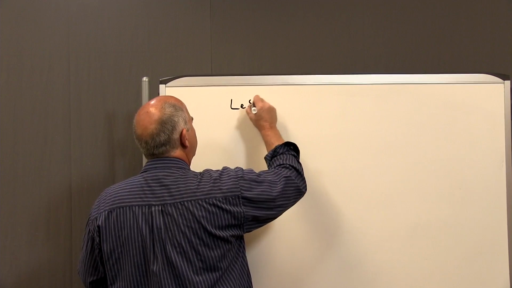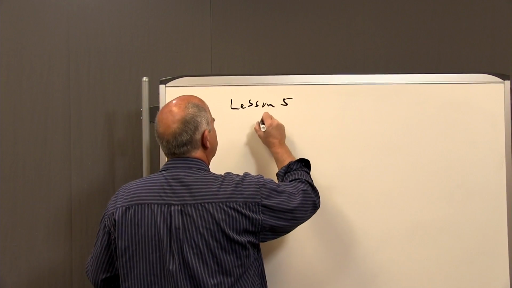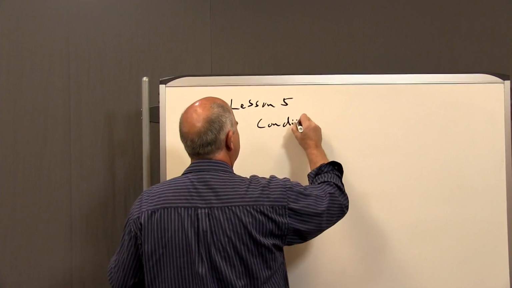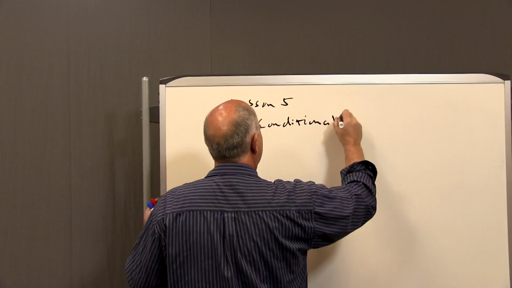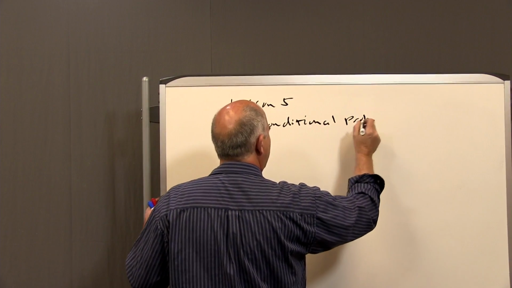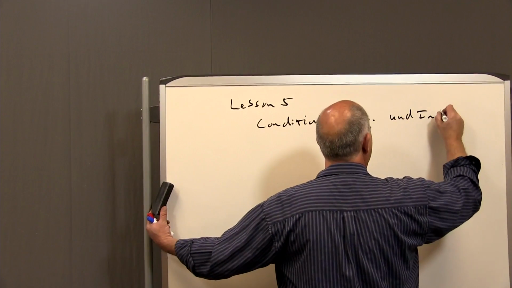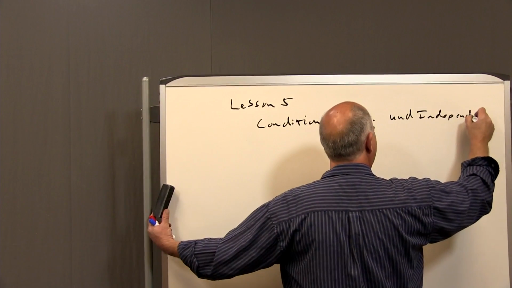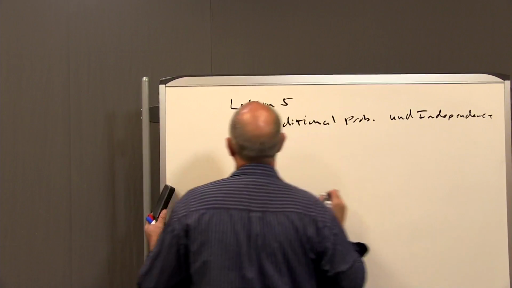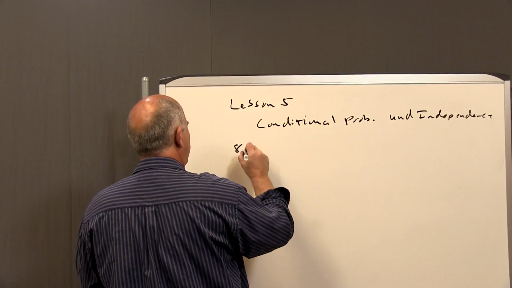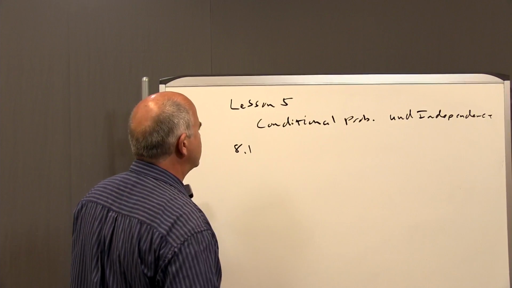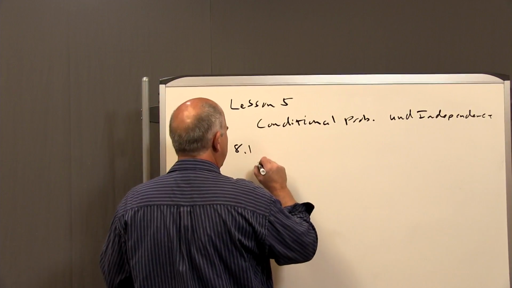Lesson 5, on the other hand, is the conditional probability, right, and independence. So in 8.1 is the conditional probability, right?